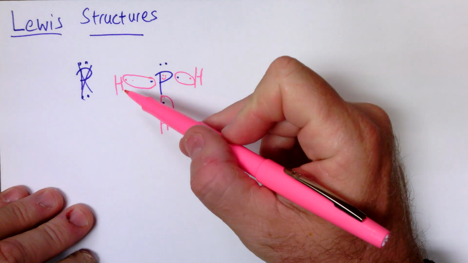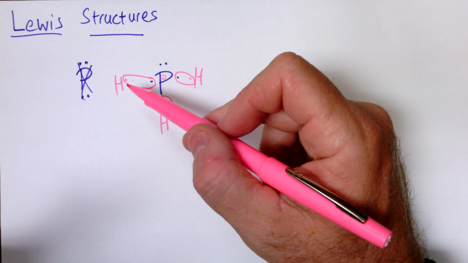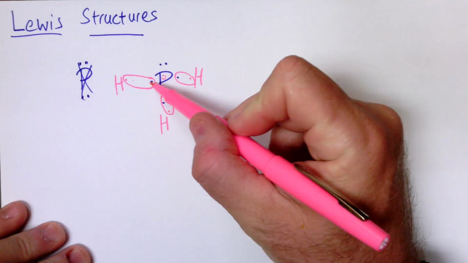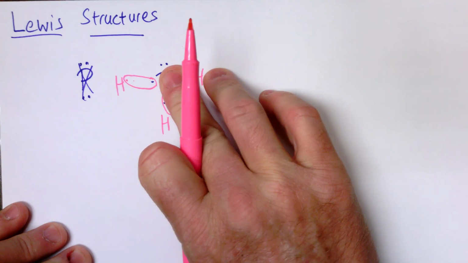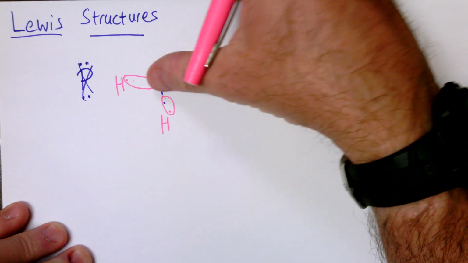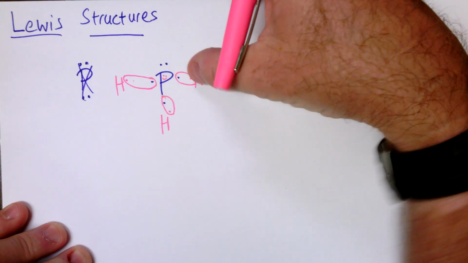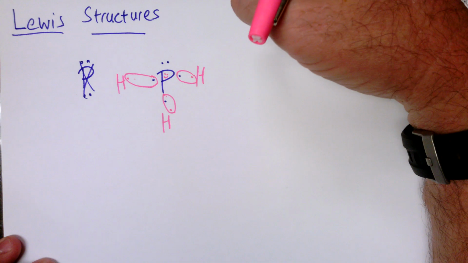Hydrogen, as you can remember, only has 1 energy level. So hydrogen is kind of full. It's stable with 2 valence electrons. And by sharing with phosphorus, that hydrogen now has 2. That hydrogen now has 2. And that hydrogen now has 2. So everybody's happy through sharing.